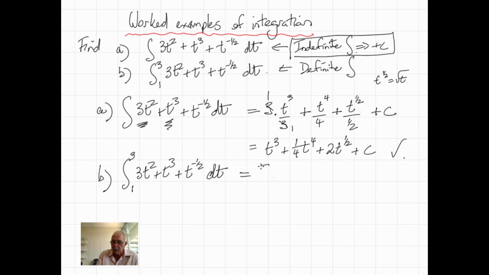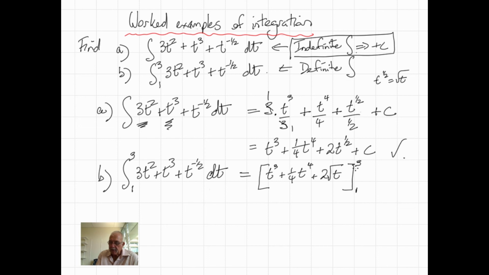So we put a square bracket, put the antiderivative function, which is t to the power 3 plus a quarter t to the power of 4 plus, in this case now I'm going to write 2 root t instead of t to the half, because we've got to put values in. We don't put the plus c because this is a definite integral. Close the square brackets, and we put the lower bound down the bottom of the square bracket and the upper bound at the top of the right hand square bracket. So that's the first step.